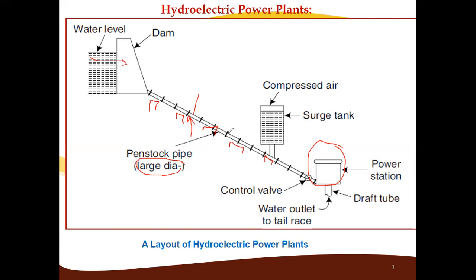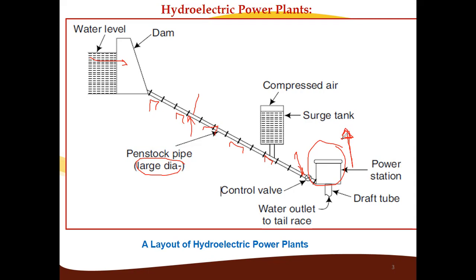Depending upon the load on the turbine, the amount of water is automatically controlled by a valve. By this valve, we can automatically control the amount of water needed based on the electricity generation, or we can say the load on the turbine.